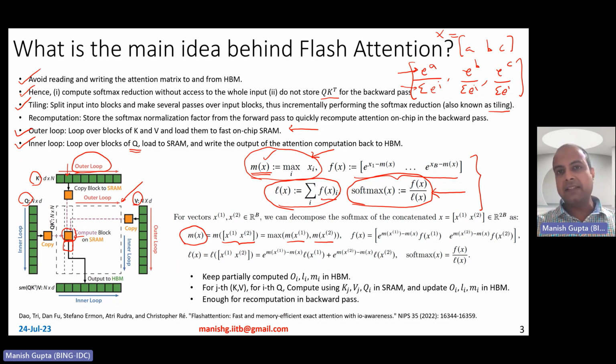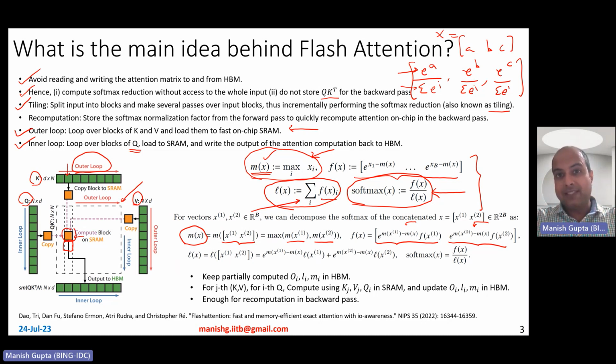In the data warehousing world, you can think of the max operation as a distributive attribute. If I have local maxes computed, I can compute the global max as the max of those local maxes. Now, the same can be said about f of x as well. You can compute f of x partially like this for both the x1 and x2 parts. And this sum is essentially just a sum, so it's distributive by itself.